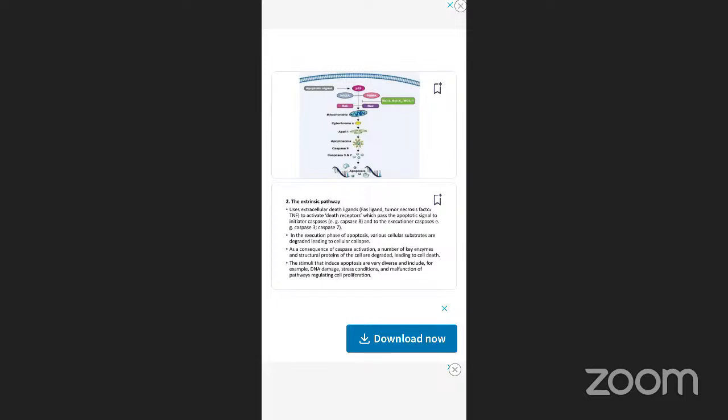As a consequence of caspase activation, a number of key enzymes and structural proteins of the cell are degraded, leading to cell death. The stimuli that induce apoptosis are very diverse and include, for example, DNA damage, stress conditions, and malfunction of the pathways regulating cell proliferation.